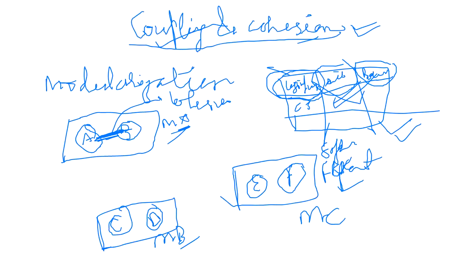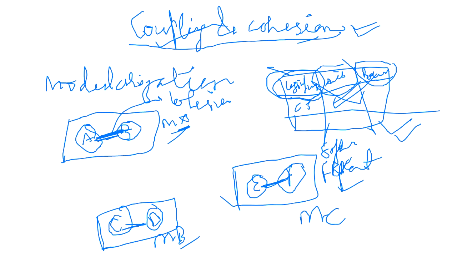Just like the English meaning, there is cohesivity between them. They are interacting with each other, they are close to each other, they are cohesive in nature. If these two are interacting, that will be known as cohesion.